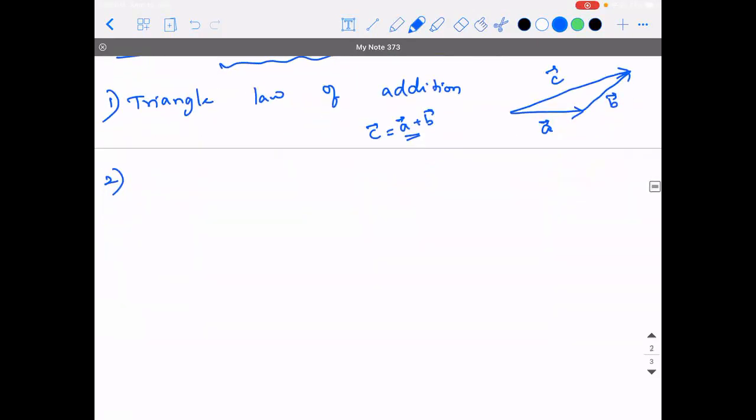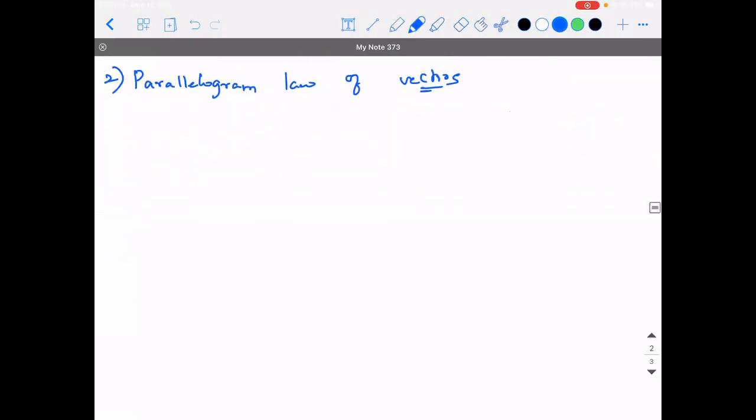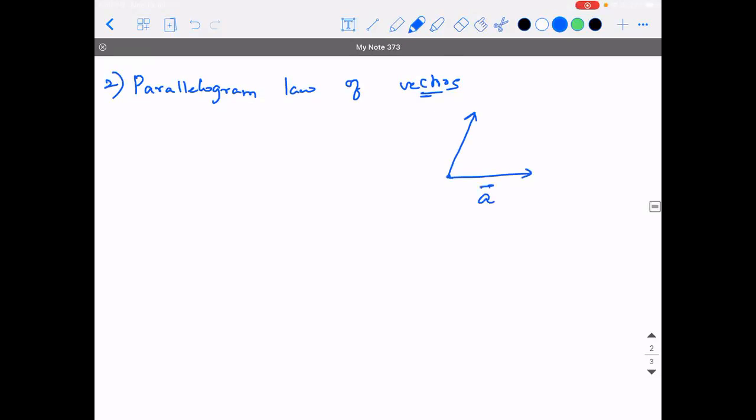Then what did we see? Parallelogram law of vectors. If two vectors are acting at a point along the two sides of a parallelogram, then how will the resultant be? Diagonal of the parallelogram.